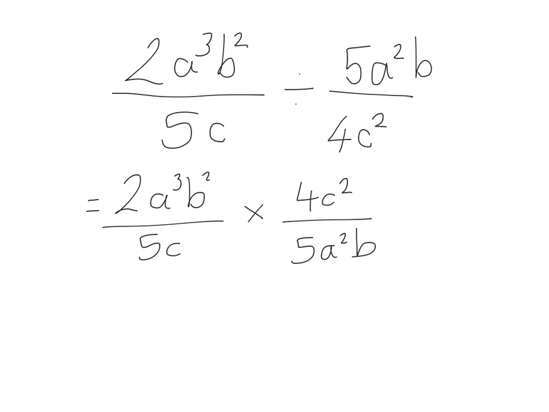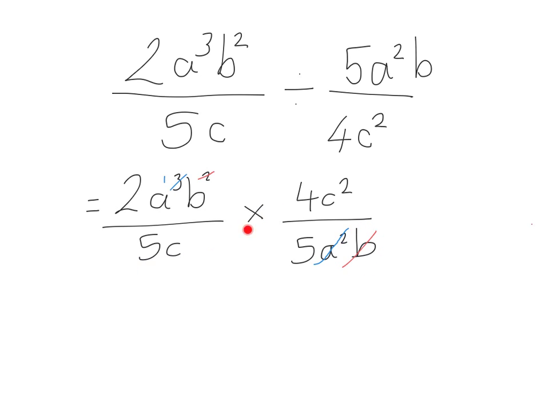So I can cancel this a squared with a squared from the a cubed, which leaves me with a to the power 1, because a cubed is made up of a times a times a. I can also cancel this b with one of the b's from b squared. b squared means b times b, and I can cancel that with one of these b's here.